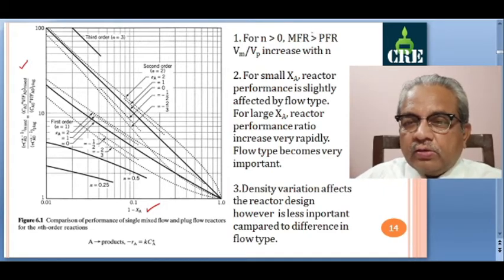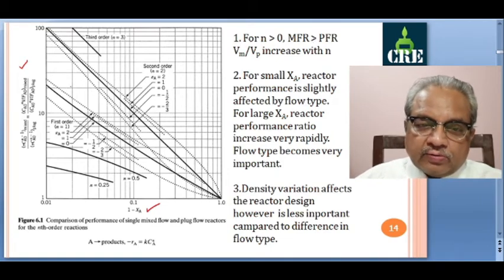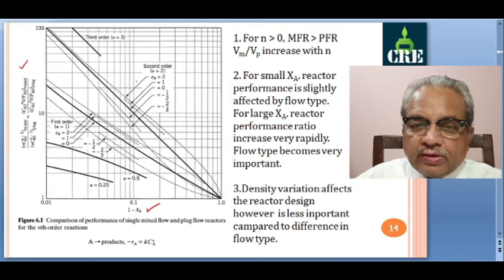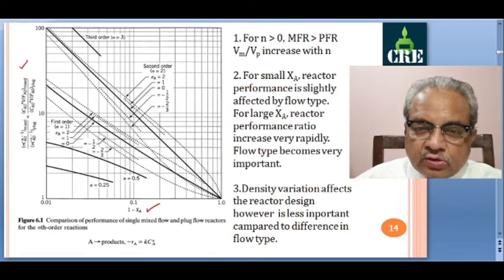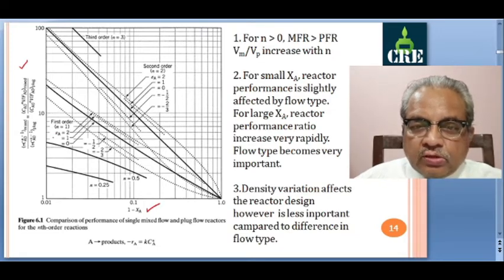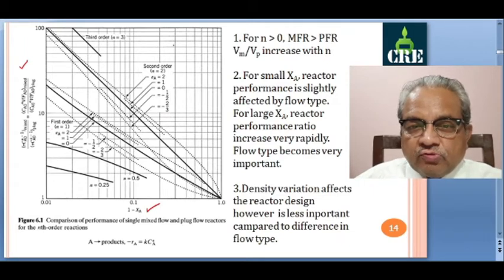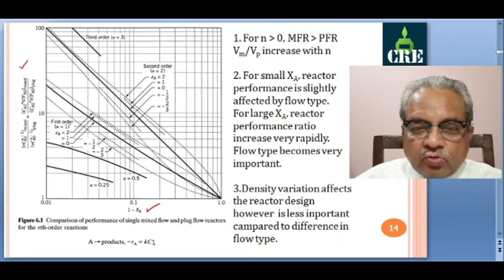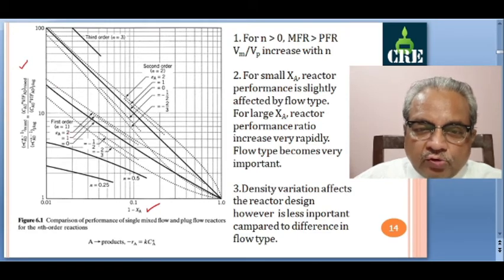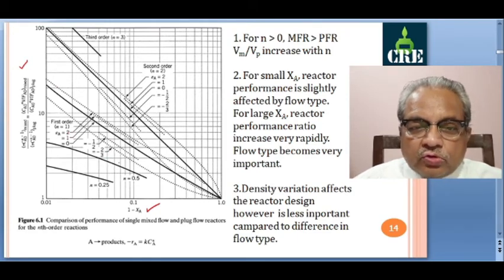The mixed flow reactor should be greater than the plug flow reactor, so this ratio will be higher. You can see this ratio is in the higher range for positive orders n greater than 0. For n less than 0, as the order reduces, this ratio goes on reducing further. This is for the second order case, this is for the first order case, n equal to 1. Here also, for positive orders this is high, and for negative orders, as it goes on reducing, it is lower and lower.